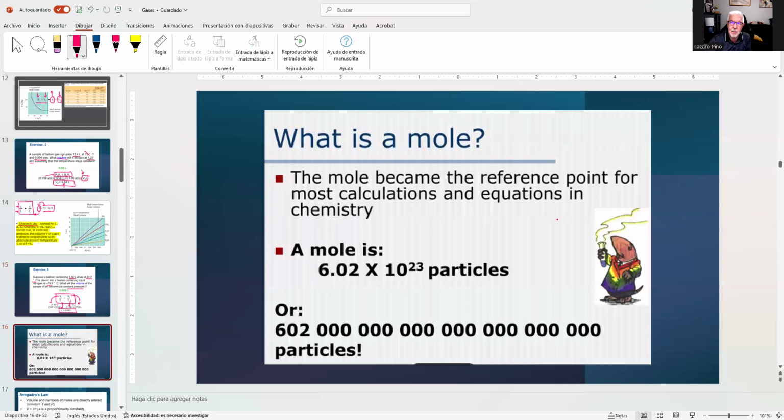Remember, what is a mole? Well, a mole is a reference point for most calculations and equations in chemistry. One mole is the amount of particles of any kind of substance. One mole always, it doesn't depend if it is gold, if it is water molecules, anything, the number of particles in one mole of any substance is 6.02 times 10 to the 23rd particles.